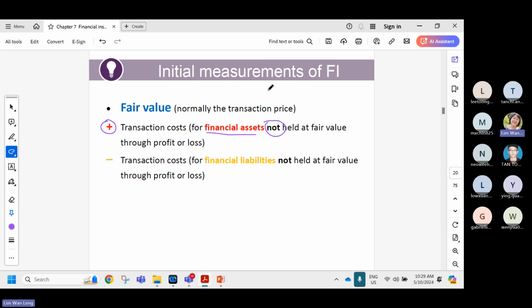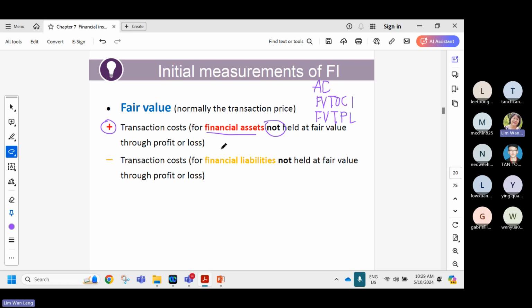So in other words, remember just now I mentioned you have classifications of at amortized cost, at fair value through the OCI, and then you have fair value through profit or loss.